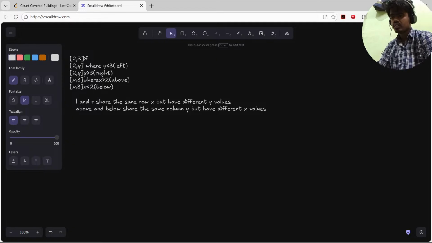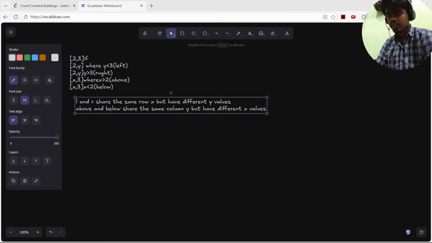So this naturally leads us to group buildings by their shared coordinates. We group all buildings that share the same x coordinate together, so we can quickly find all buildings in the same row. Similarly, grouping by y coordinate gives us all buildings in the same column.